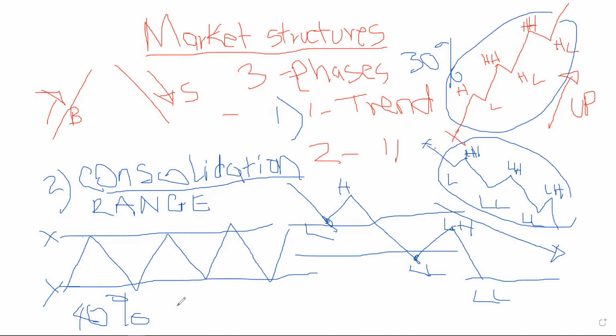And then the other, maybe 5 or 10%, it does a bit of both. So that other part is not normally talked much about, but if we were to express this again, the market either trends or ranges.